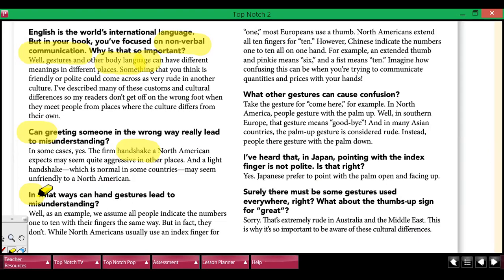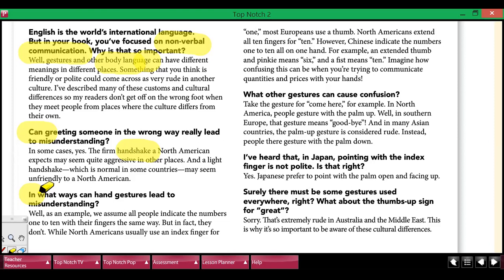North Americans stand all 10 fingers for 10. However, Chinese indicate the numbers 1 to 10 all on one hand. For example, an extended thumb and pinky means 6.